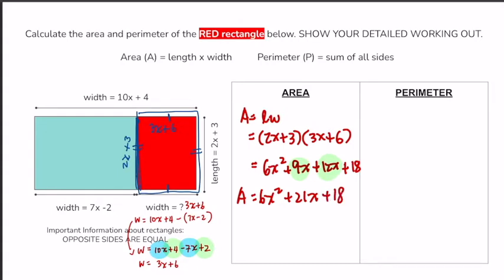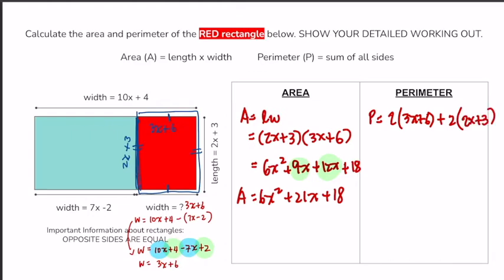Plus 18. And the perimeter is the sum of all sides, so let's use the shortcut. Since we know these two are equal, we can just put in 2 times 3x plus 6 plus 2 times 2x plus 3.